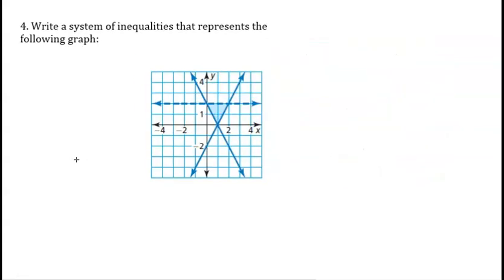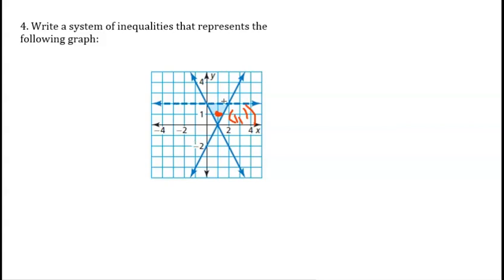Number 4, write a system of inequalities that represents the following graph. So our test point looks like we're going to do this one, and it will be (1, 1). And it needs to be true for all 3 inequalities.